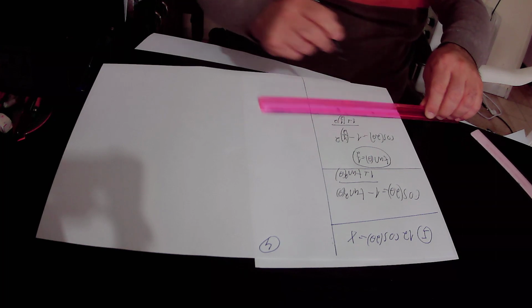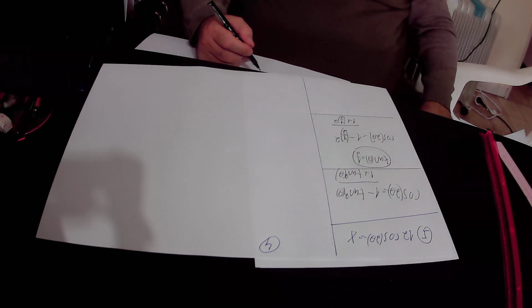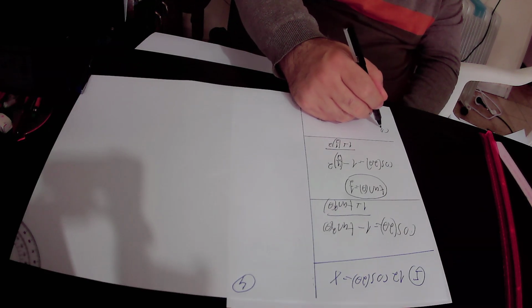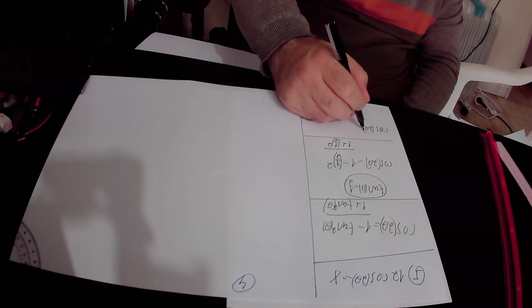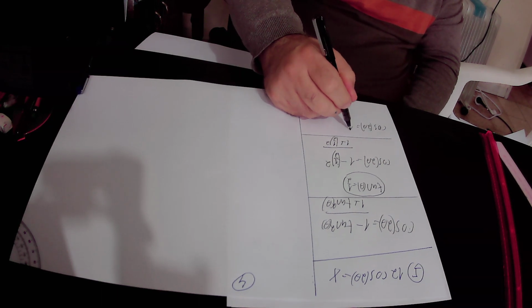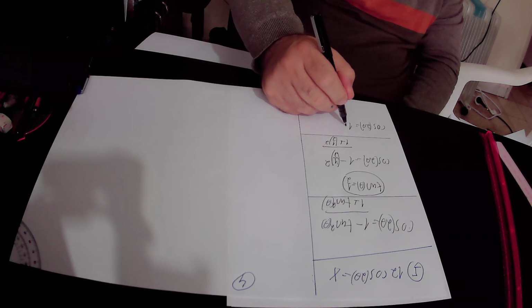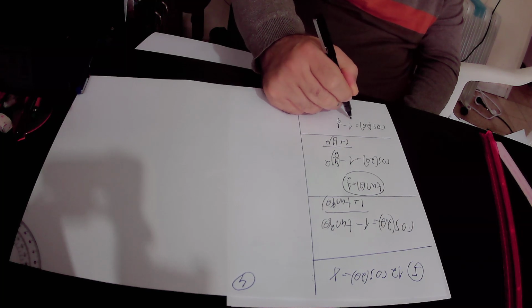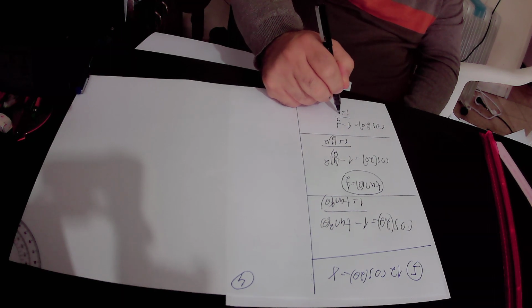One half squared equals 1/4, so I write it down: cosine 2 theta equals 1 minus 1/4 over 1 plus 1/4.